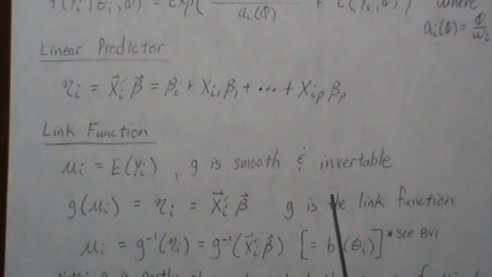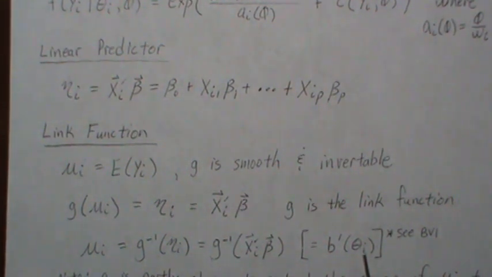It has to be invertible, so we can take the inverse of both sides and get this. So mu i is the inverse of our link function evaluated at eta i. But remember, eta i is just the linear combination. In BV1, the mean was equal to the first derivative of the log partition evaluated at our canonical parameter.